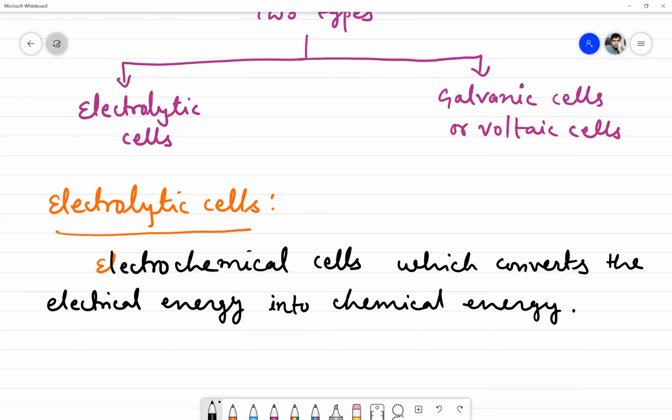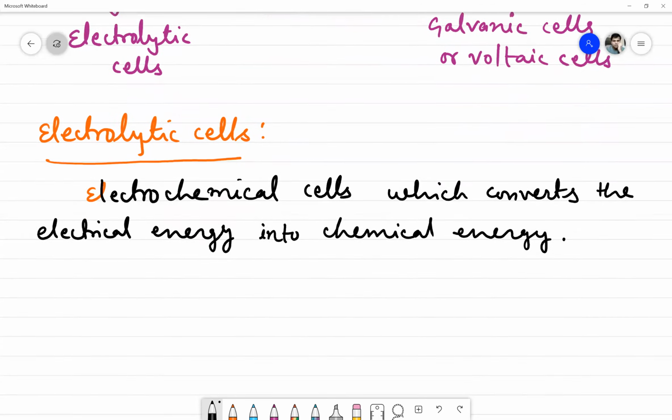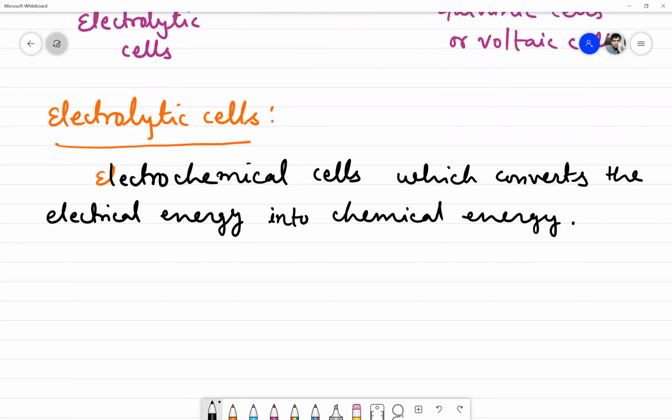Okay, or in other words, you can say in these cells electrical energy is used to force a non-spontaneous chemical reaction to occur. Okay, so what happens in these cells?